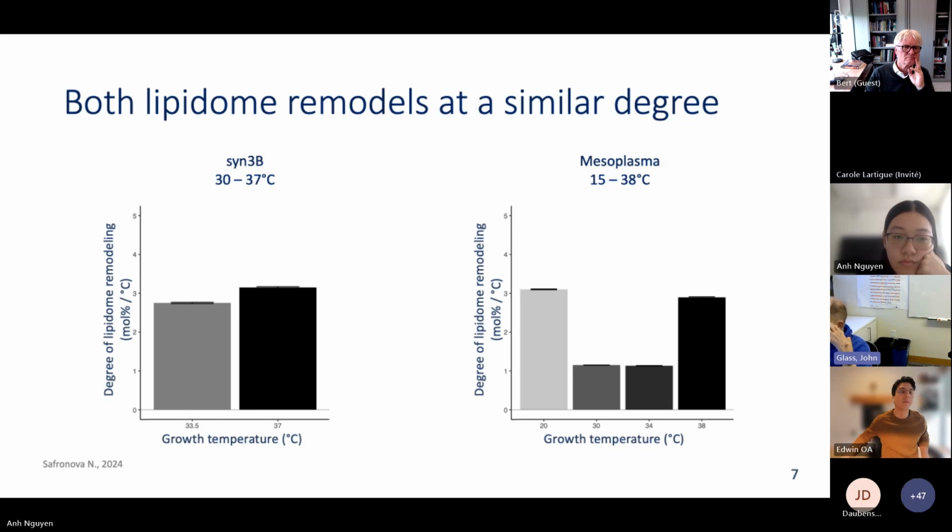Does it make sense that you have one kind of lipid diversity at 30 for the upper respiratory system and something different at 39 in the lower respiratory system, whereas Mesoplasma is going to be in plants, and plants are going to have the same temperature as the environment they are grown in, but it is likely that the Mesoplasma is in the same parts of the plant either way.